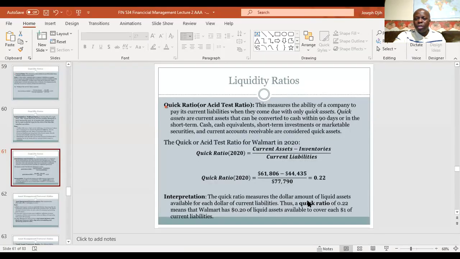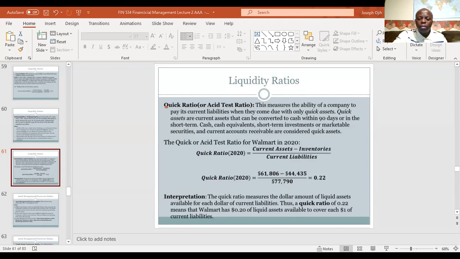For example, some companies say cash equivalent, short-term investment, or marketable securities, account receivable. These are quick assets. So to calculate quick ratio, we do current assets minus inventory divided by current liabilities. So for Walmart, you can do it right there.